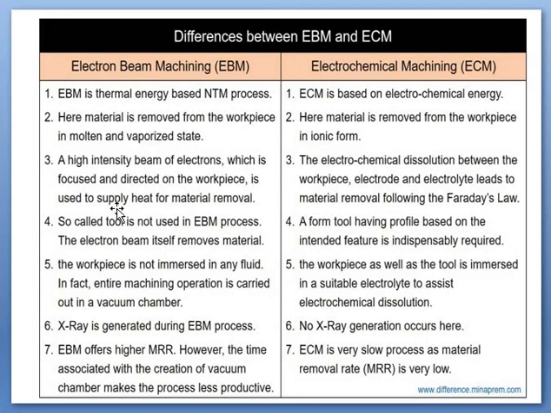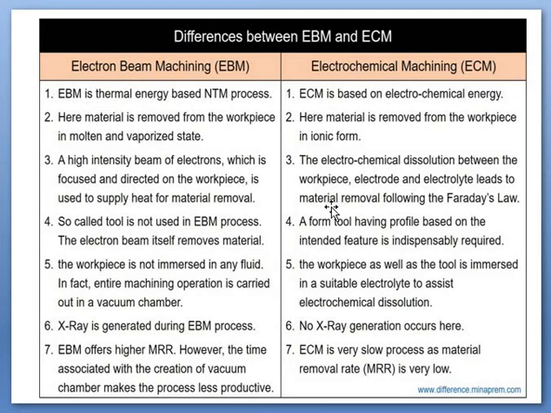The third point of comparison: a high intensity beam of electrons, focused and directed on the workpiece, is used to supply heat for material removal. Means the electron beam is utilized to remove the material from the workpiece, whereas in electrochemical machining, the electrochemical dissolution between workpiece, electrode and electrolyte leads the process of material removal by following the laws of Faraday.